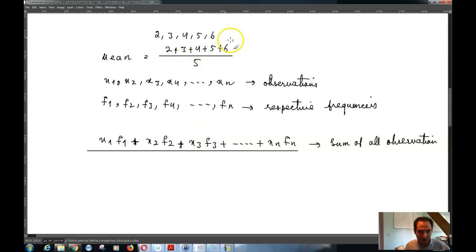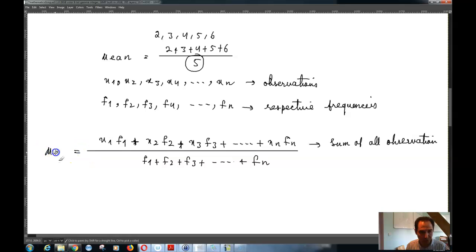Now, if I divide the sum of all observations by the total number of times that they happen, which is f of 1 plus f of 2 plus f of 3 all the way up to f of n, that is the same thing as what I've written over here.